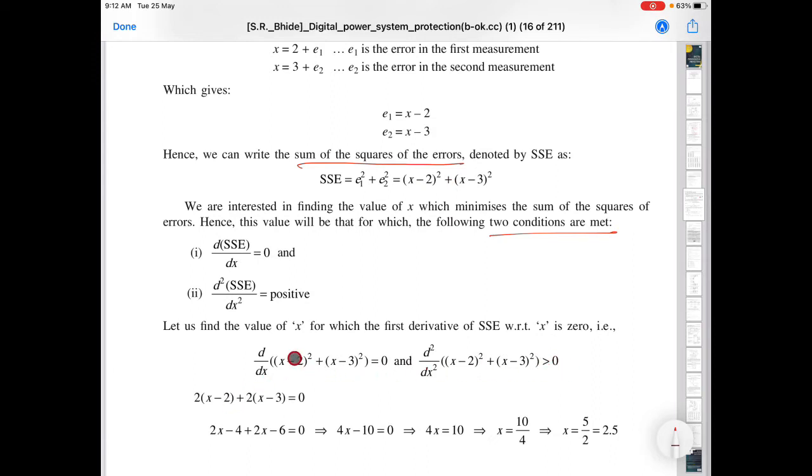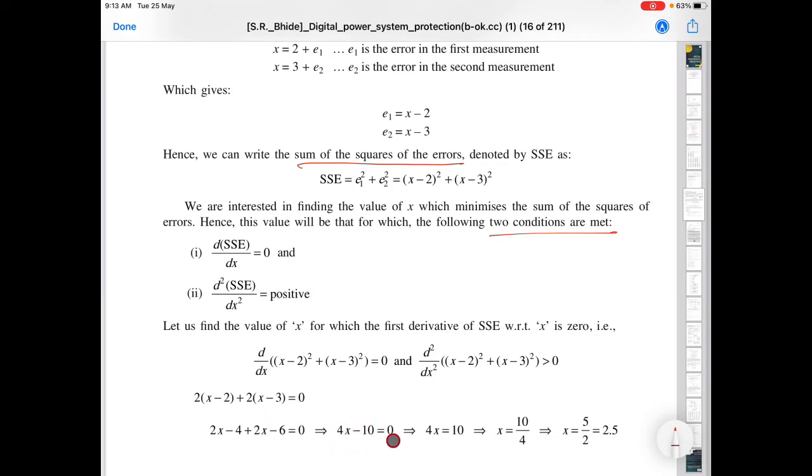So the first time when you differentiate, the differentiation of (x minus 2) whole square plus (x minus 3) whole square gives 2 times (x minus 2) plus 2 times (x minus 3) equated to 0. So 2x minus 4 plus 2x minus 6 equals 0.